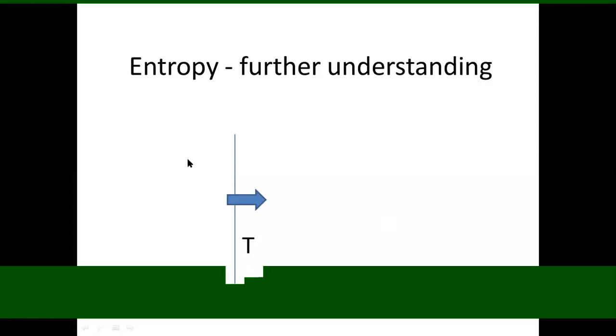This vertical line is a surface. Through the surface, heat is transferring to the right side.